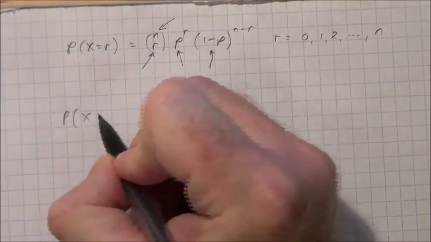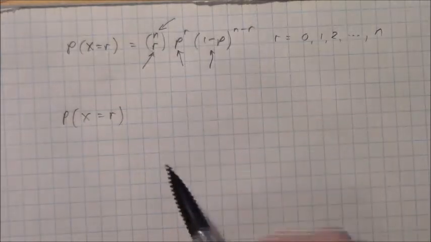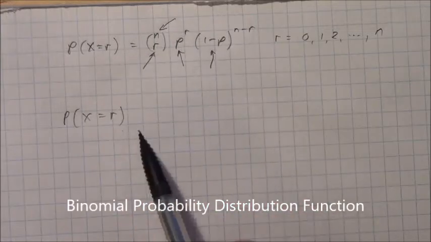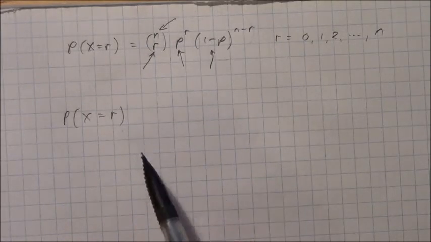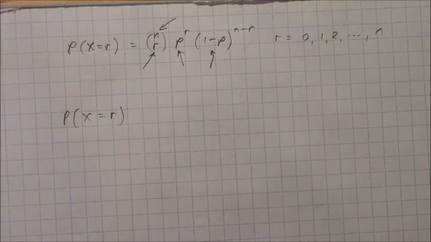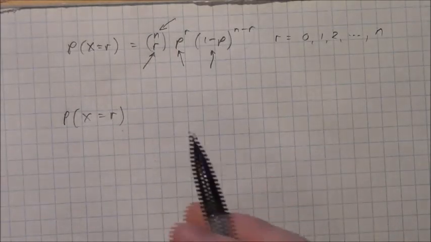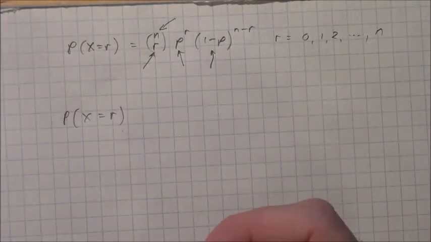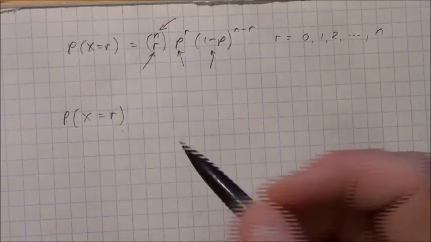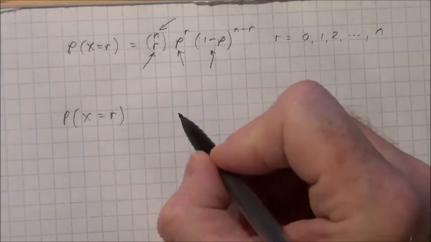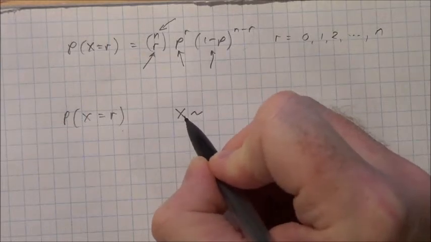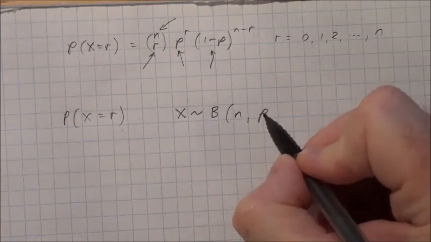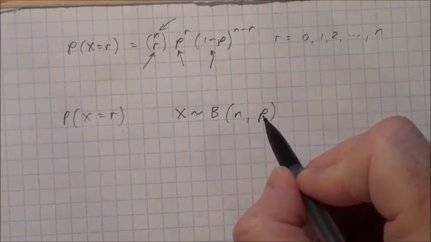This is called the binomial probability distribution function. When we're dealing with the parameters n and p, our probability and our number of trials, if we're looking at some sort of experiment, we can write this as X is distributed as the binomial with n trials and some probability of success p.